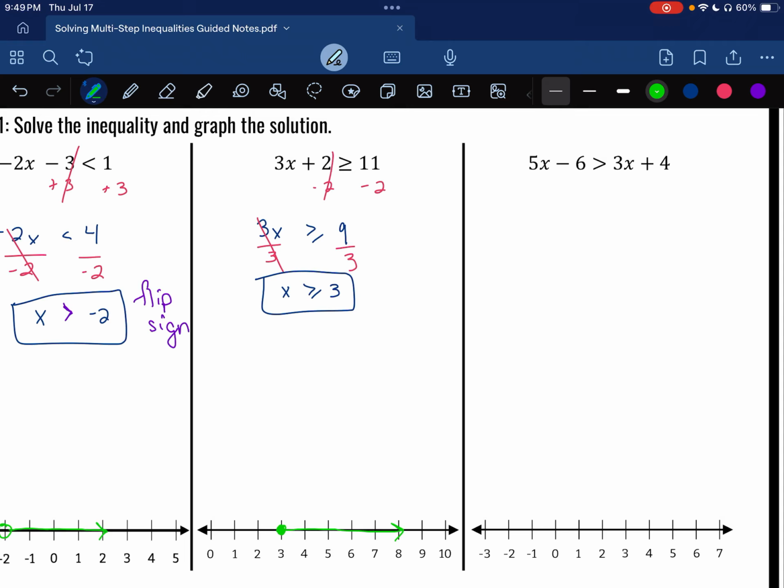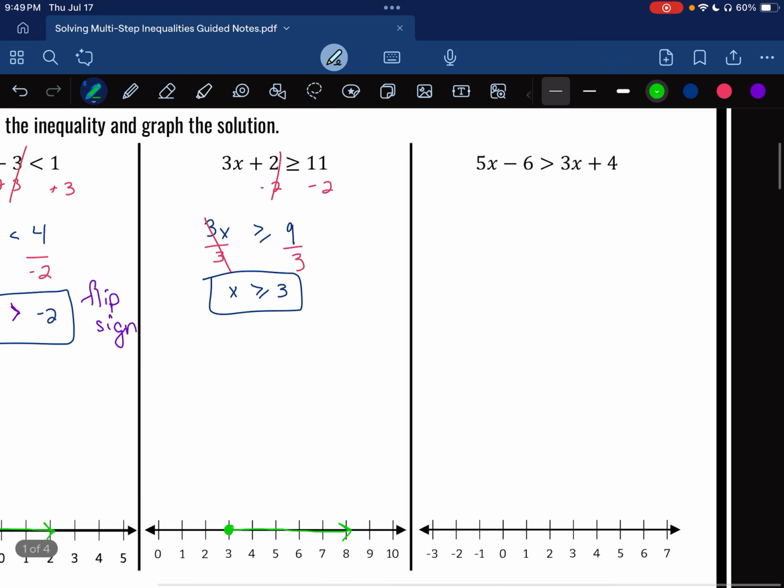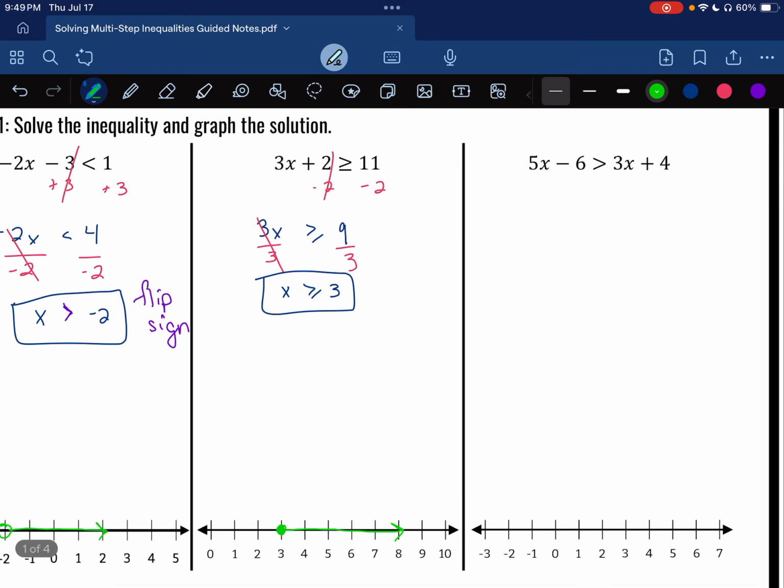All right, so now we have variables on both sides. So notice we've got x's on both sides here. We need to get variables on one side, constants on the other.